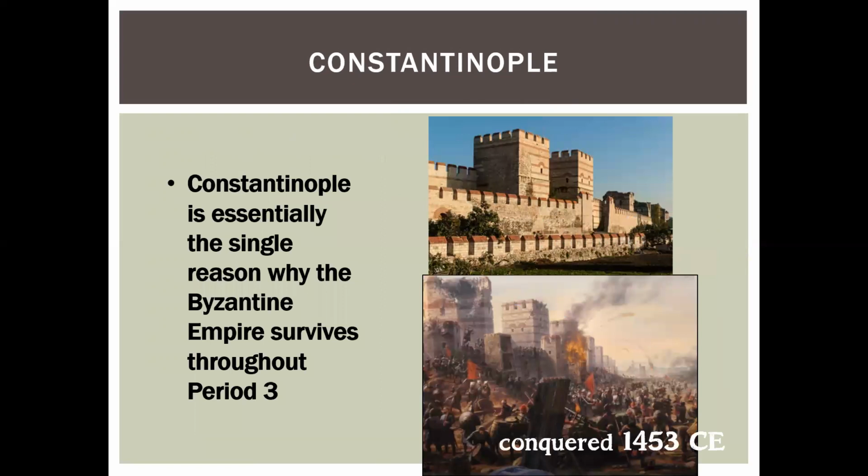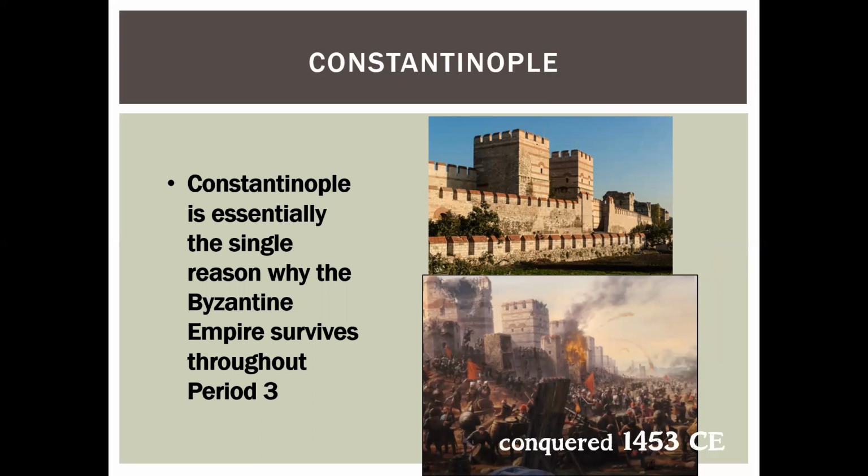The Byzantines built an incredibly elaborate and successful set of city walls around the city. It was also protected by a harbor and a strong navy. Because they control Constantinople, the Byzantine Empire basically survives the expansion of the Umayyad and Abbasid dynasties and isn't conquered by either of those.